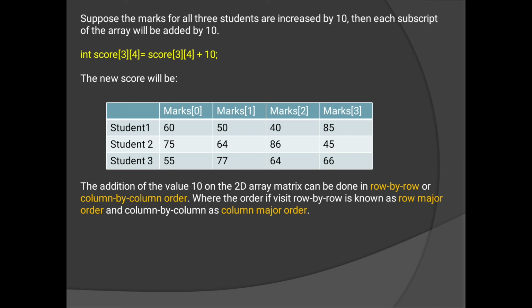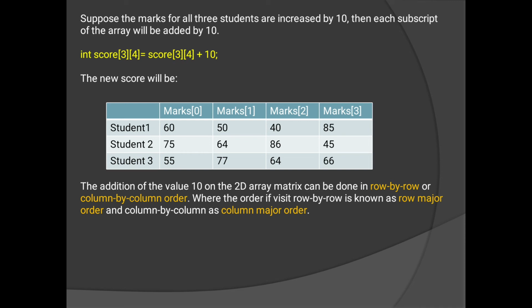Like here, score[3][4] equals score[3][4] plus 10, where the row is 3 and column is 4. So this will add up in all of the rows and columns. So the new score format will be, you can see, row wise and column wise, the marks have increased by 10.